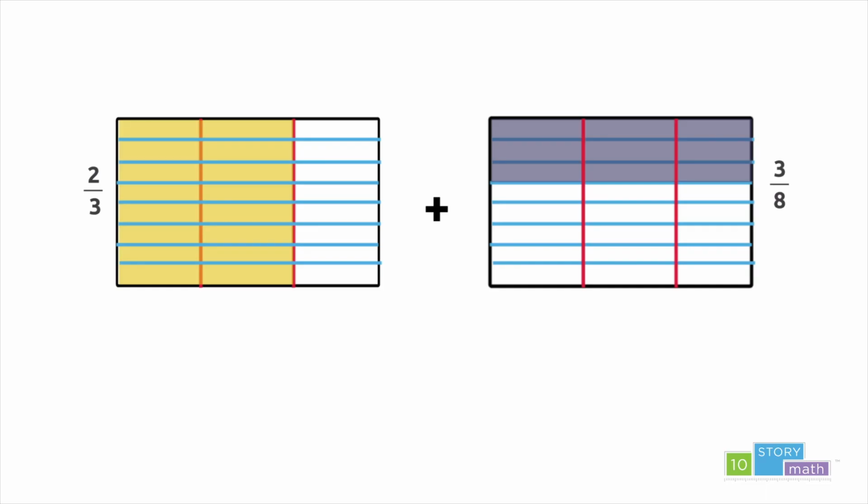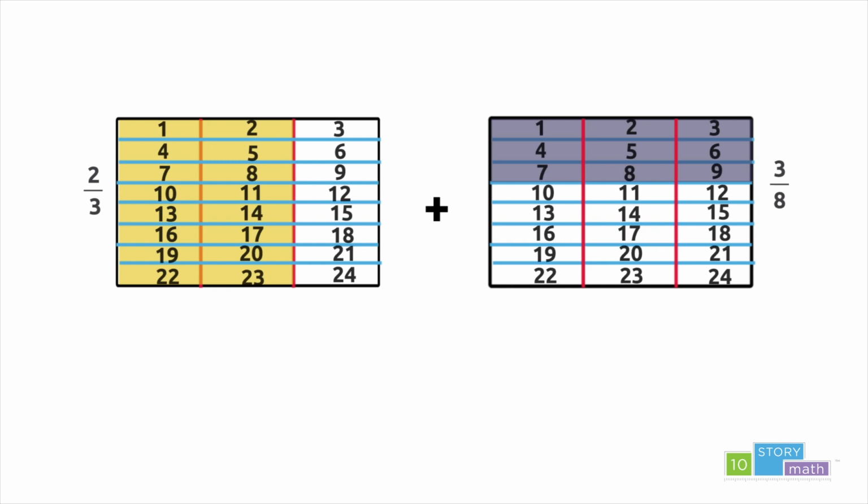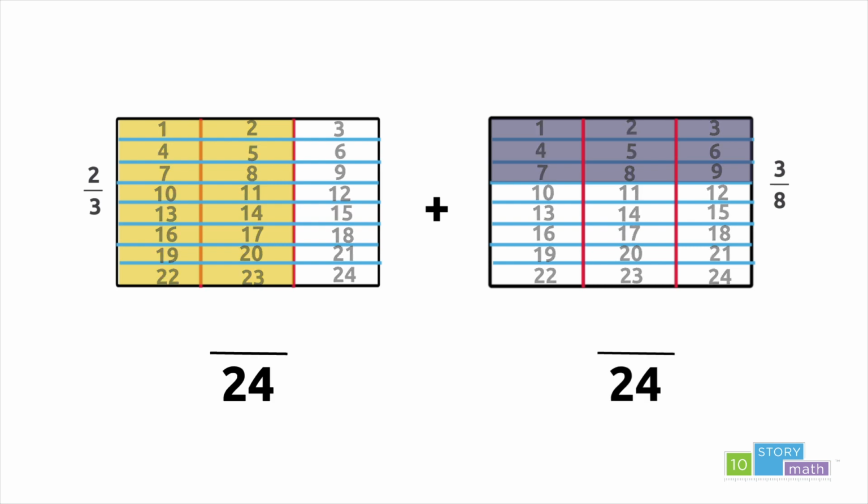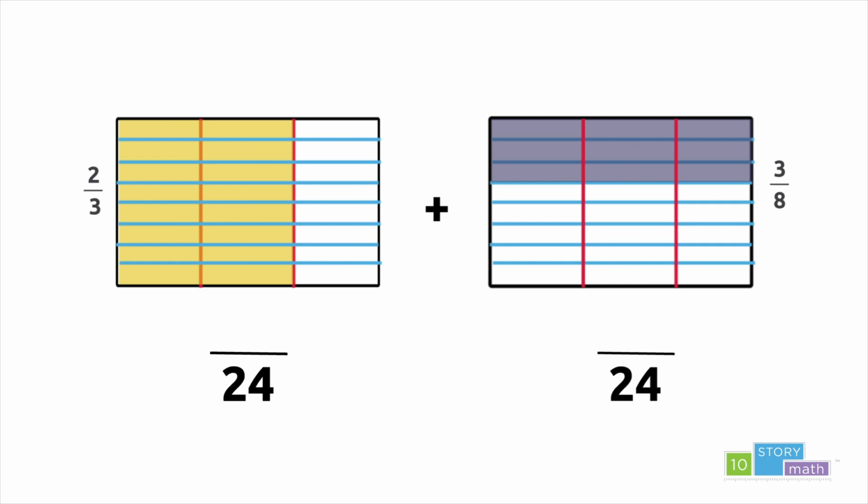Now both models have exactly the same size parts and exactly the same number of parts, 24. That means the new denominator of our fraction model is 24. And instead of having just 2 parts shaded yellow, we now have 16 parts shaded yellow.